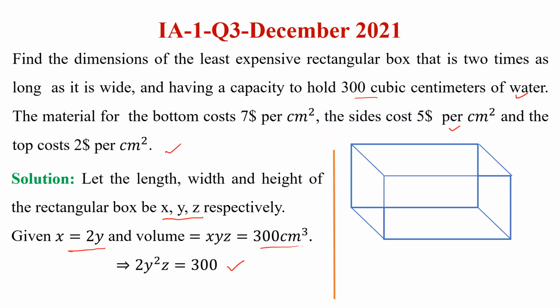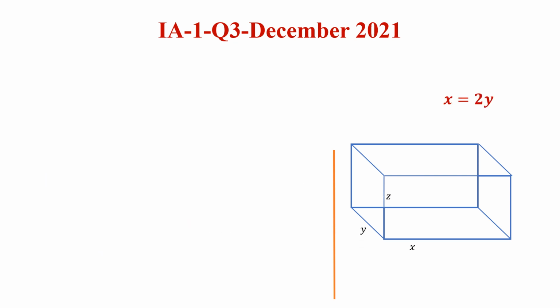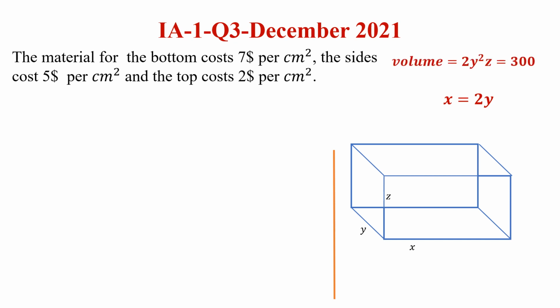Now we have such a box, so let's take x, y and z. This is the volume, and the required data I have written again here: volume 300 is the relation that we have. Now the material of the bottom costs $7 per centimeter square.